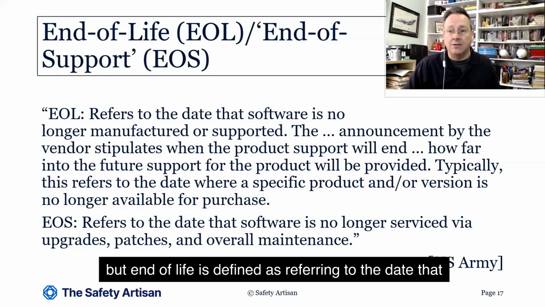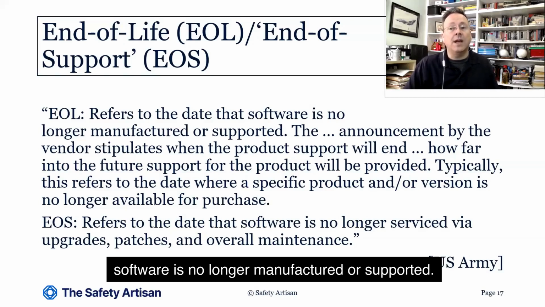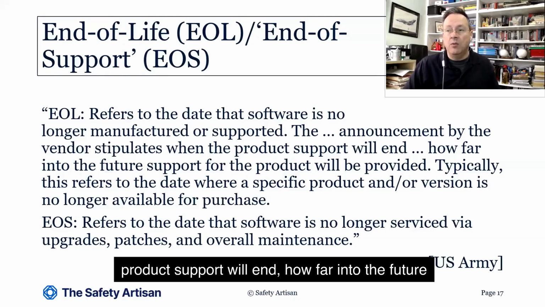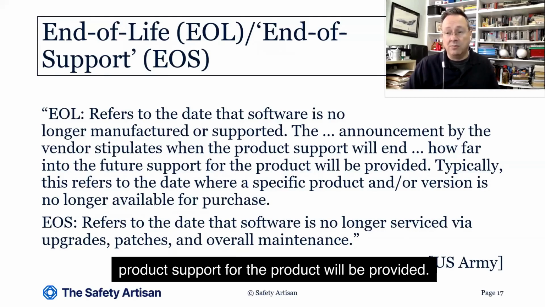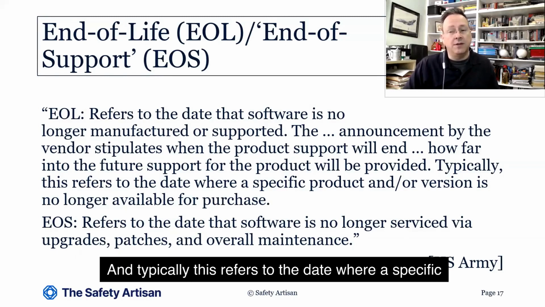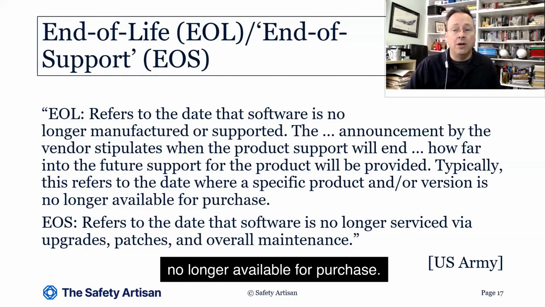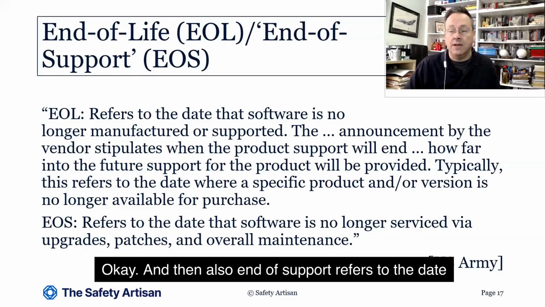End of life is defined as referring to the date that software is no longer manufactured or supported. So the announcement by the vendor stipulates when product support will end, how far into the future product support for the product will be provided. And typically this refers to the date where a specific product and or version is no longer available for purchase.